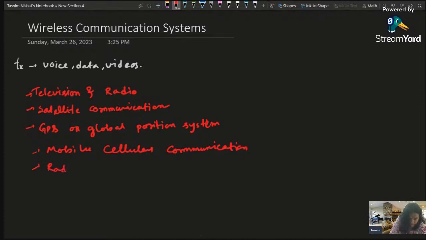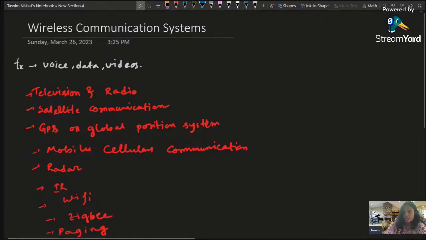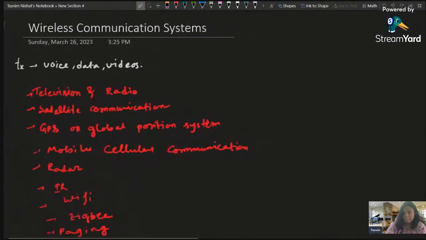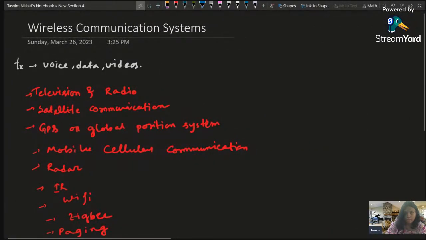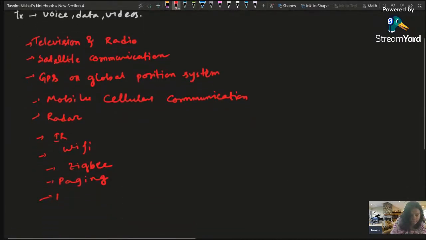We have radar, IR, Wi-Fi, Zigbee, paging, and RFID. Now, a little elaboration on everything.